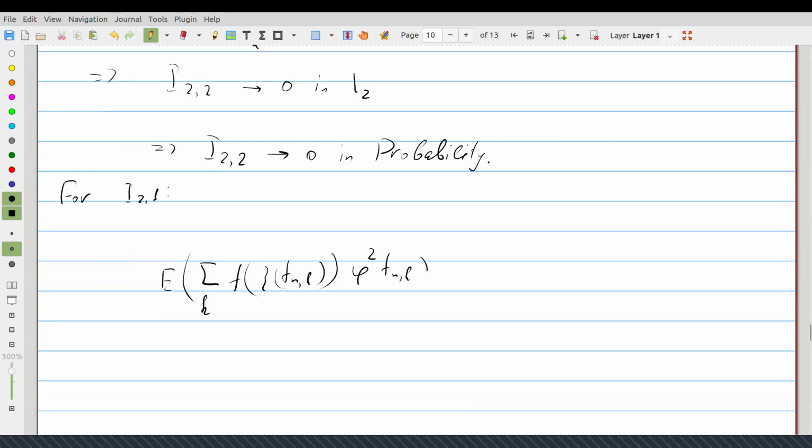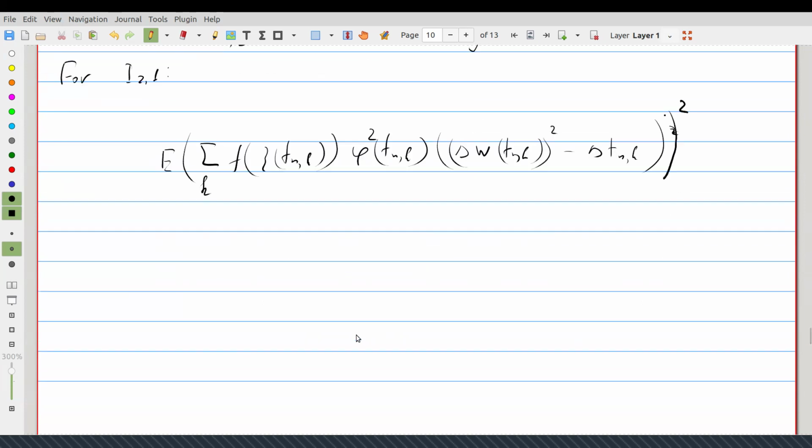Here we have delta W t and k squared minus delta t and k squared, and then another square, it was a whole sum. We considered such calculations a number of times when we were discussing the two variation of a Wiener process.